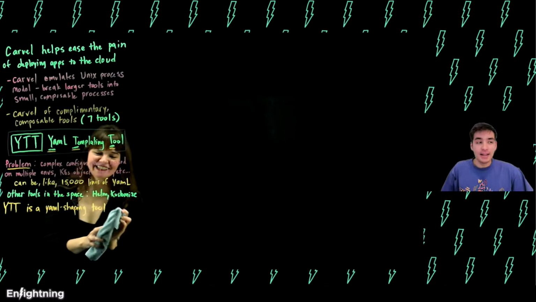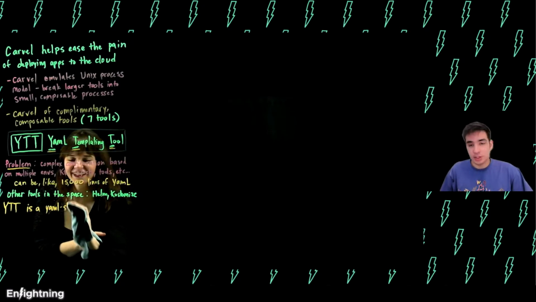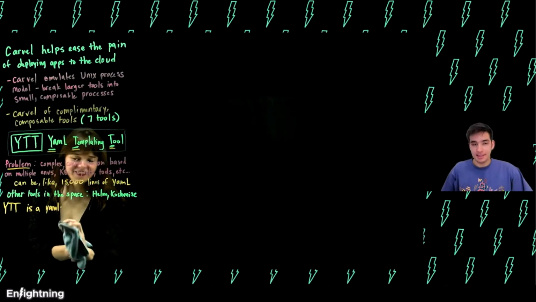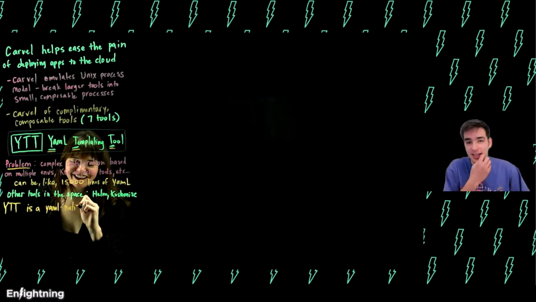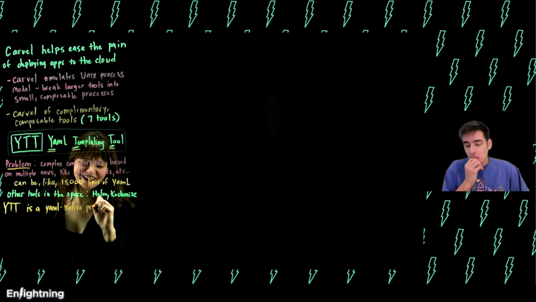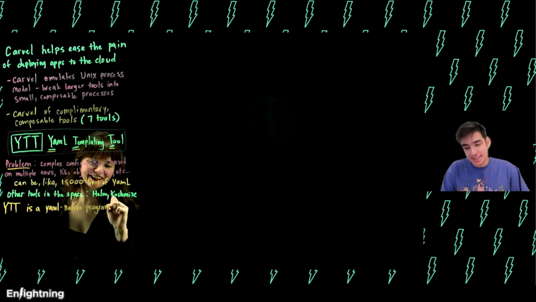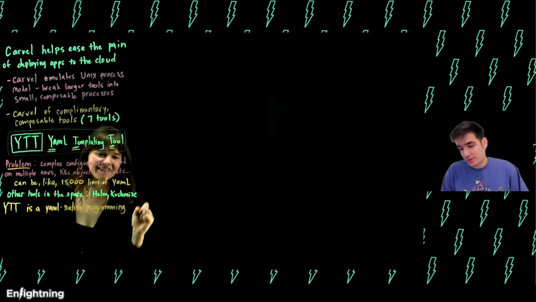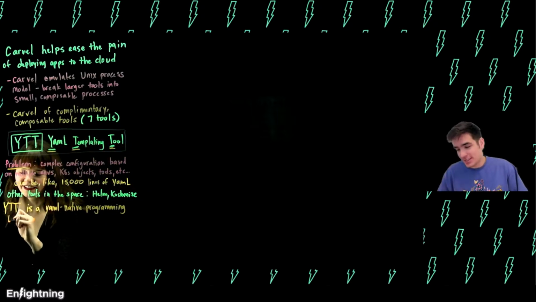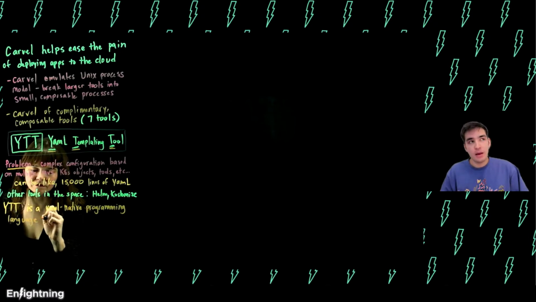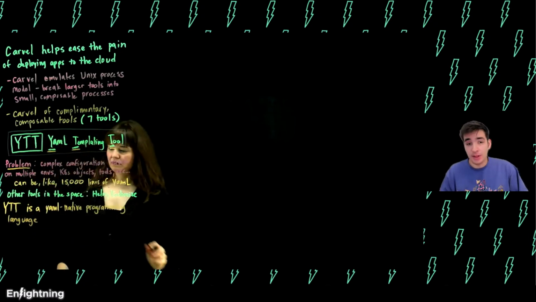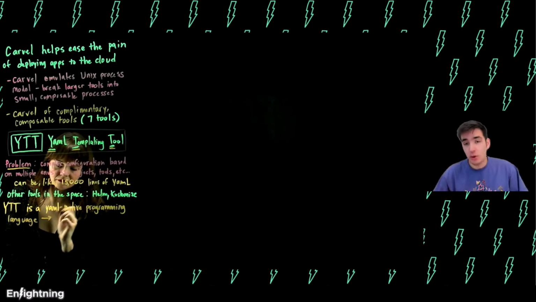And I honestly think that's one of the most attractive things about YTT, that it's, I would call it, YAML native almost. This is a little bit of trivia, not necessarily the most important thing to know about YTT, but YTT is a programming language, which means you have to write programs.